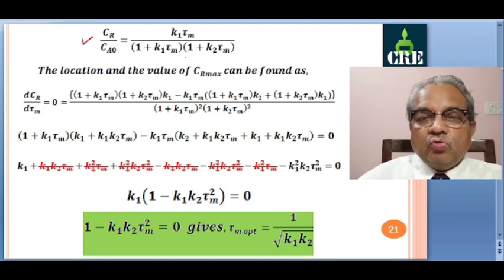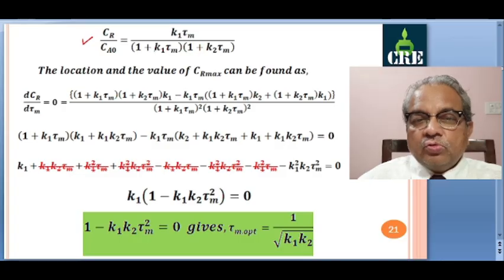Okay, so quotient rule. The denominator square is the square of these terms, the square of this term. So this is the denominator into the derivative of the numerator, which is simply K1, minus the numerator into the derivative of the denominator. Now the denominator has two terms, so you use the product rule.